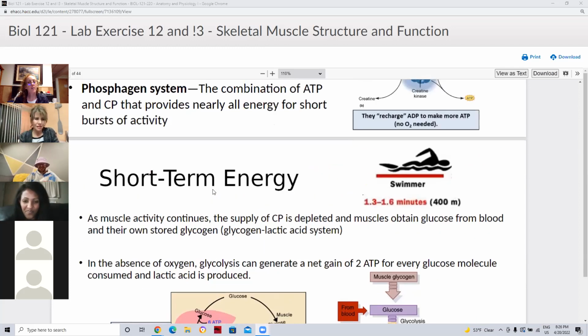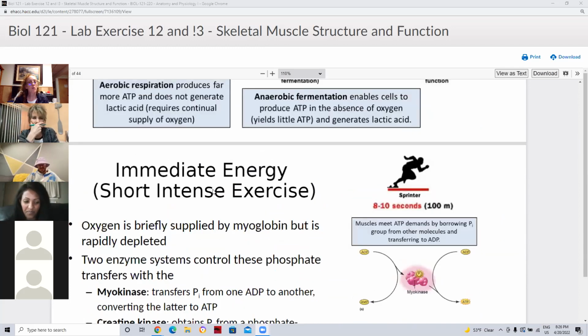So we don't have a lot of ATP. ATP is not stable. It doesn't stick around very long. And the myoglobin initially will give up all of its oxygen, but then it gets rapidly depleted. It stores oxygen, but we start burning through it really, really fast.